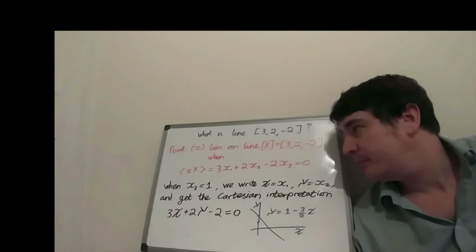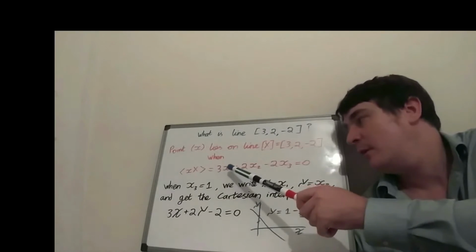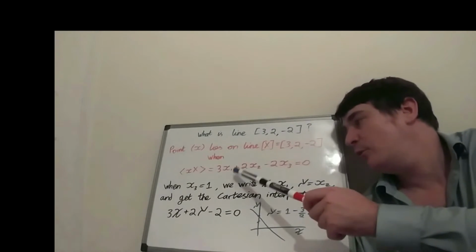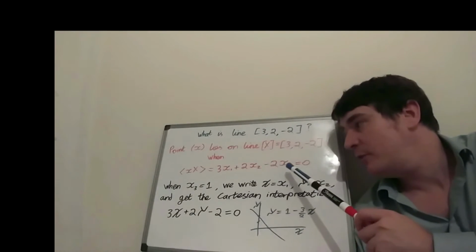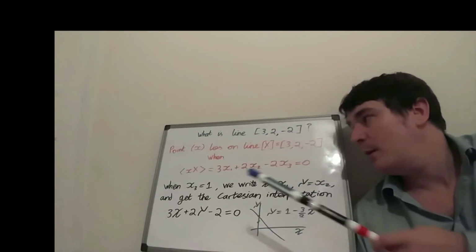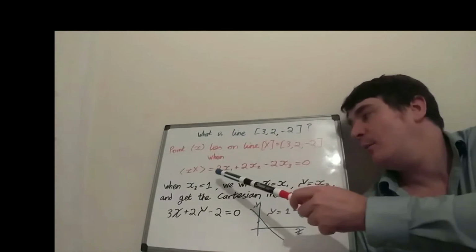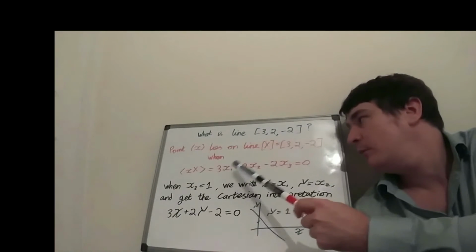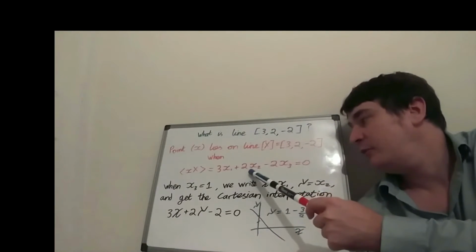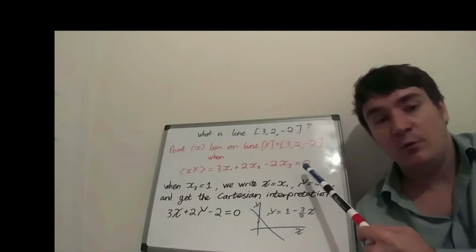Anyway, we can interpret it as an equation like this, specifying all the homogeneous coordinates of points which are on this line. So a point little x is going to be upon this line, big X, when 3 times x1 plus 2 times x2 minus 2 times x3 equals 0.